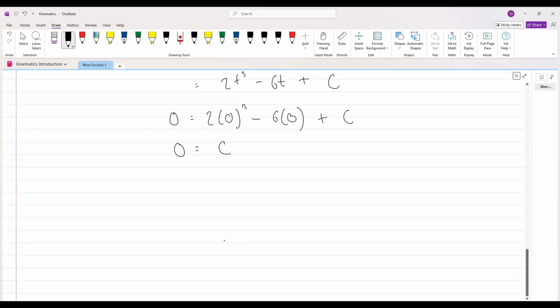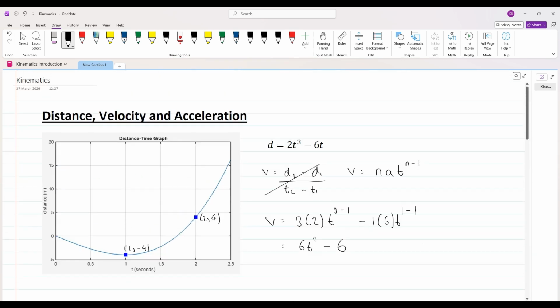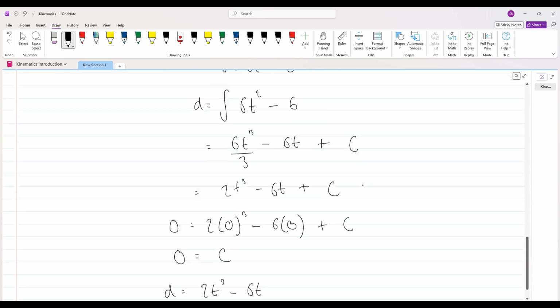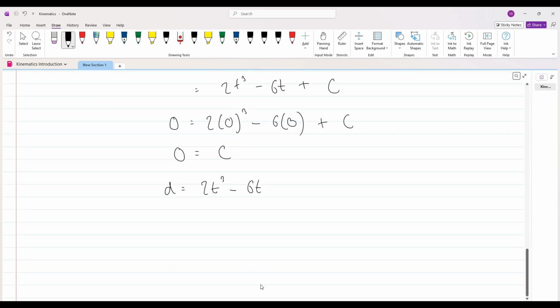So our final integrated equation for the distance is just d equals 2t cubed minus 6t. If we go back to the beginning, we see that's exactly what we had here. So there we have it.